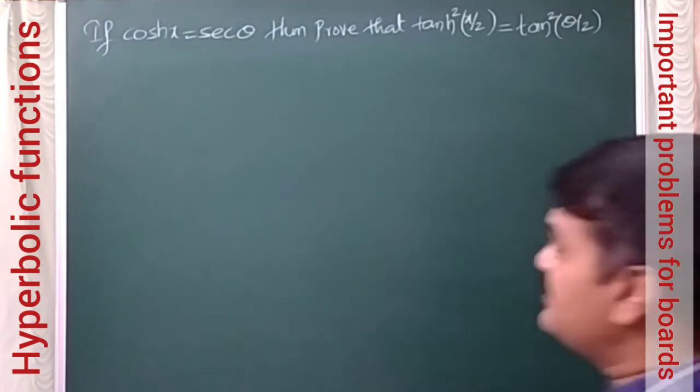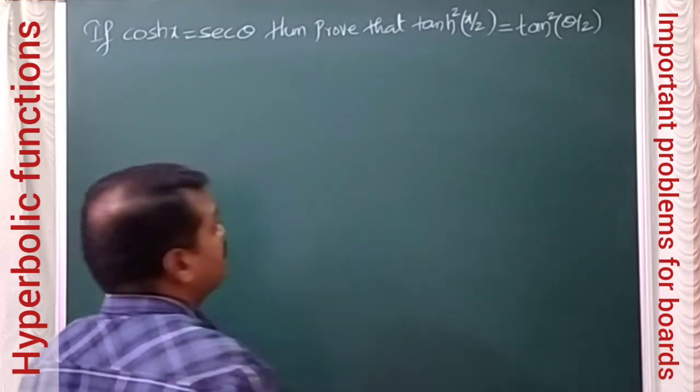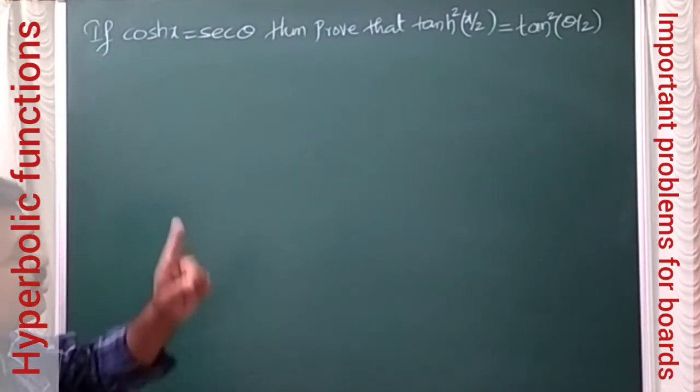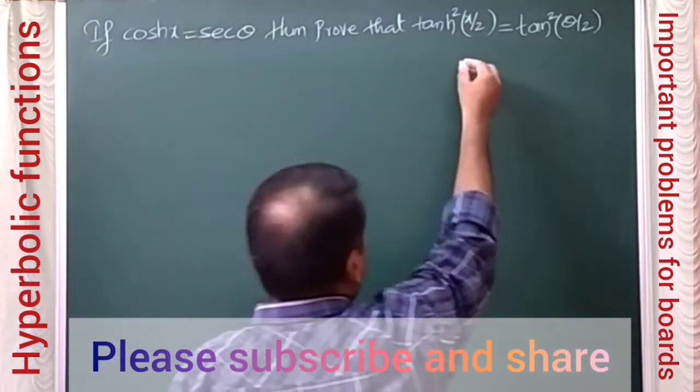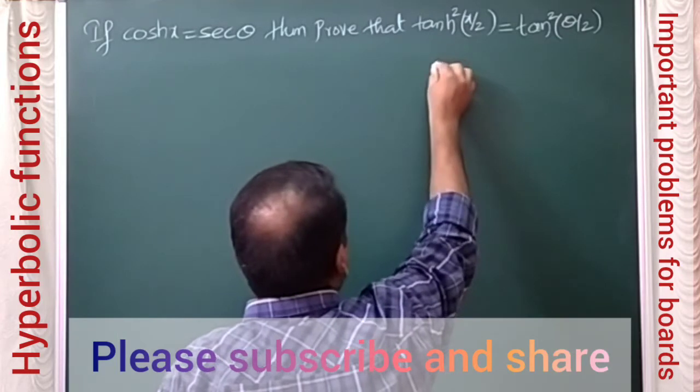If cosh x is equal to sec theta, then prove that tanh square x by 2 is equal to tan square theta by 2. So before starting this question, I will derive one formula.